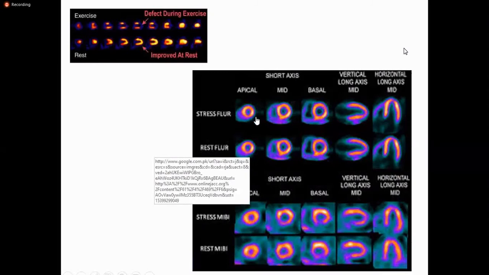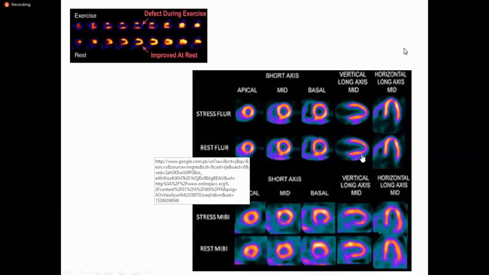If any part of the myocardial muscle is deficient of coronary blood flow, there will be a defect, or there is no golden line shown at that part of the myocardial muscle cells. So at rest, we inject the thallium and do the scanning at rest. And after exercise, again, we get the images.